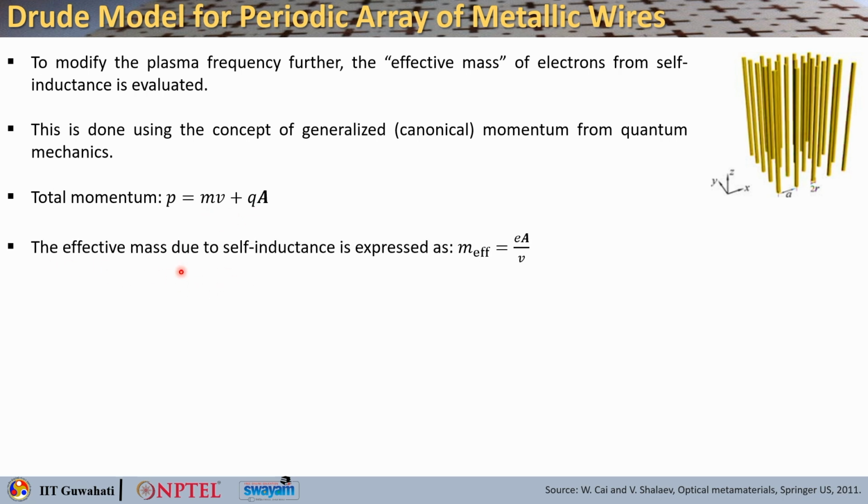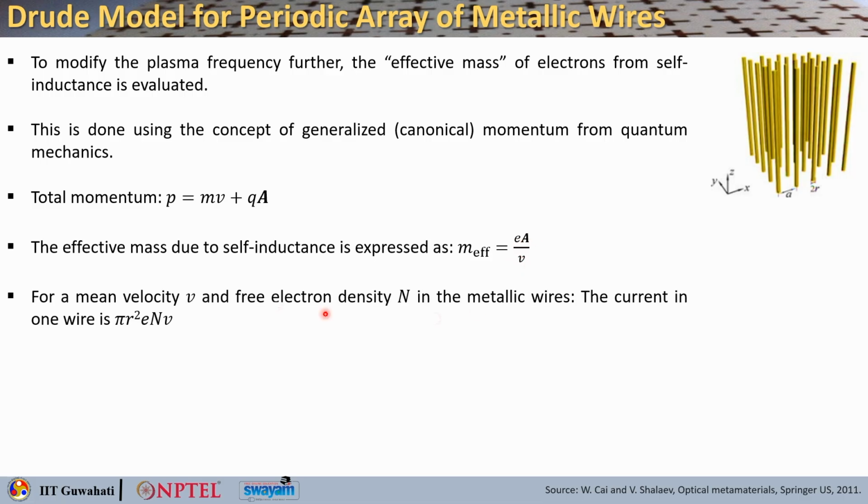The effective mass you can obtain due to self inductance is m effective, which is eA divided by v. For a mean velocity v and free electron density n in the metallic wires, the current that flows through one wire is pi r square e n v.